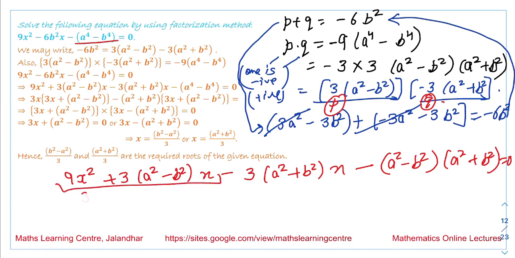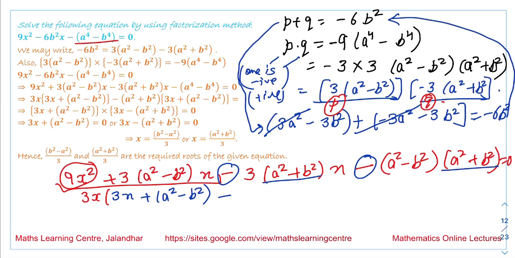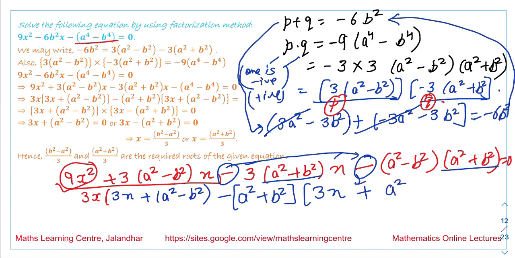From the first two terms we can take 3x common, and we are left with 3x plus (a square minus b square). Next we take the minus sign common, and a square plus b square common. So we are left with 3x plus a square minus b square equal to 0.